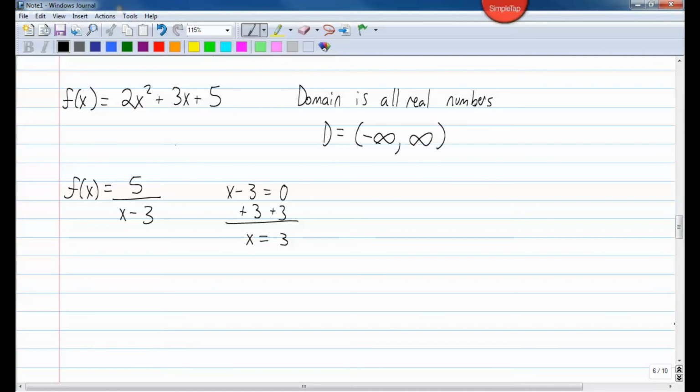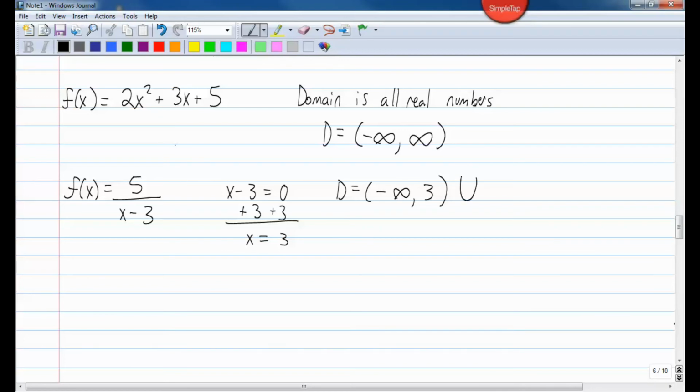The way that we do that, we don't just write out in words the domain is all real numbers except positive 3, even though that's correct. But the way that we write that in interval notation, to leave a number out, we always start with negative infinity, so negative infinity until you get to a positive 3, and we put parentheses with it. That means don't include 3. If we were to put a bracket, that would mean include 3. But if we put parentheses, that means don't include 3, all the way up to 3, but not 3.